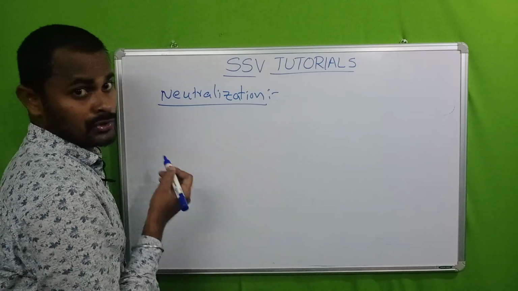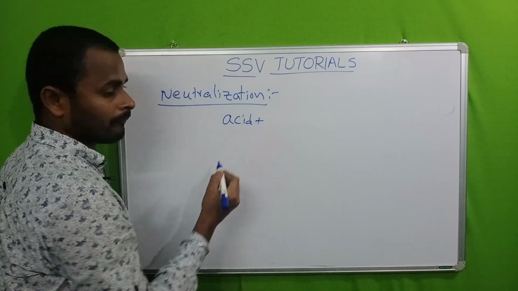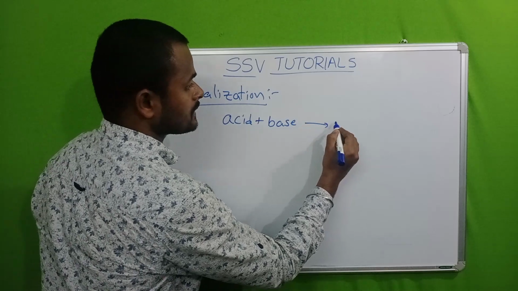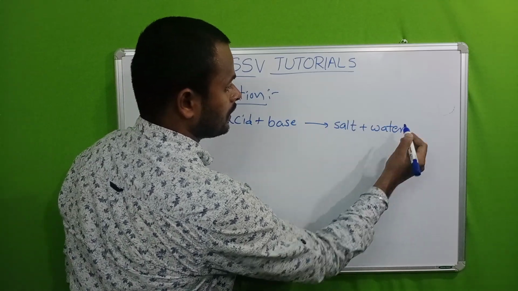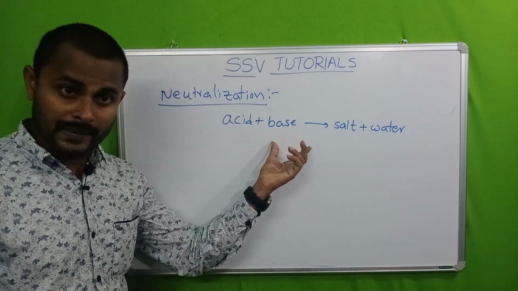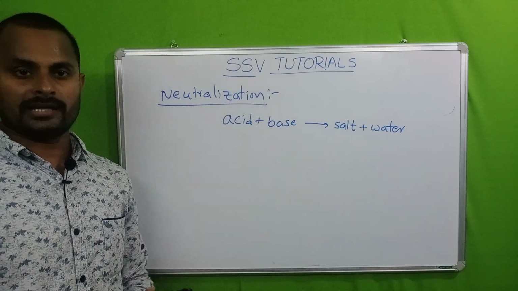The definition for neutralization is: when an acid reacts with a base, it forms salt and water. This is called neutralization. When an acid reacts with a base and forms salt and water, it is called neutralization.